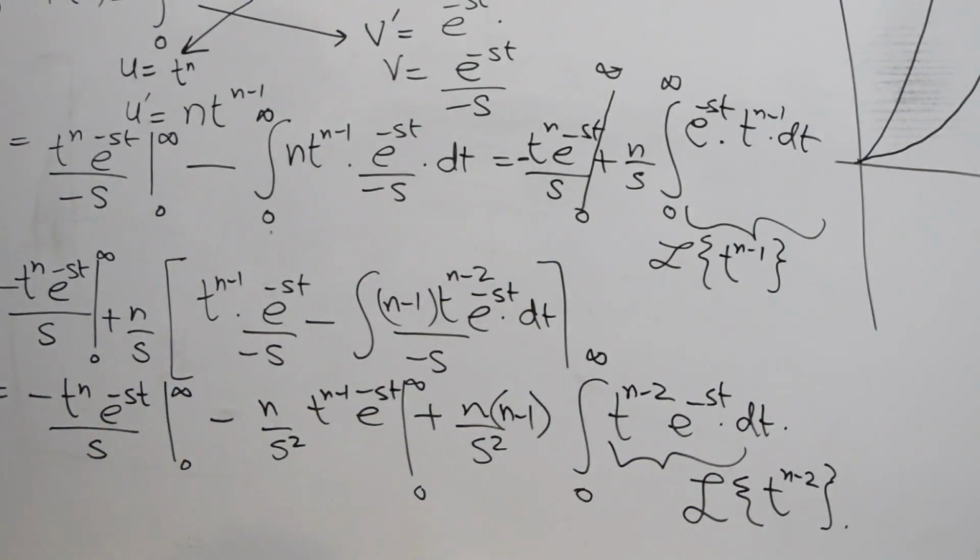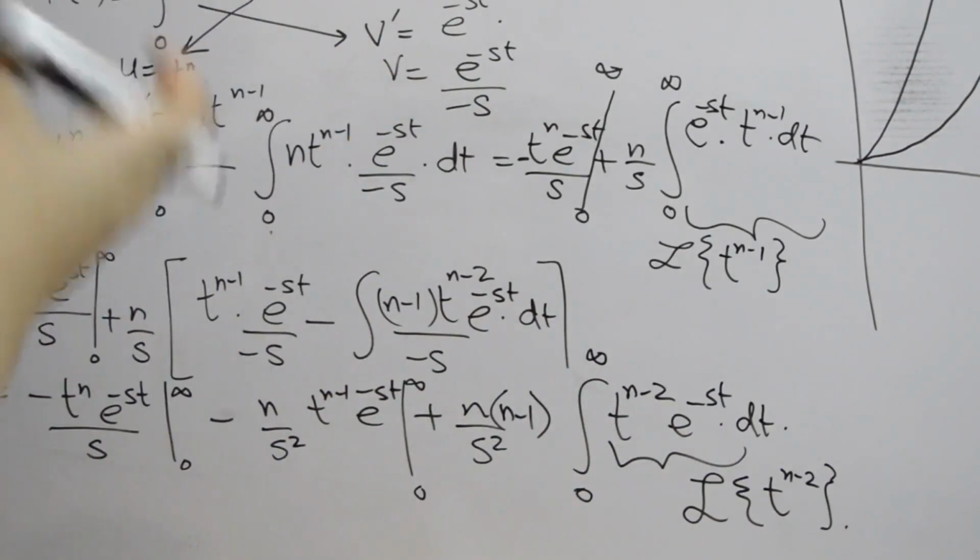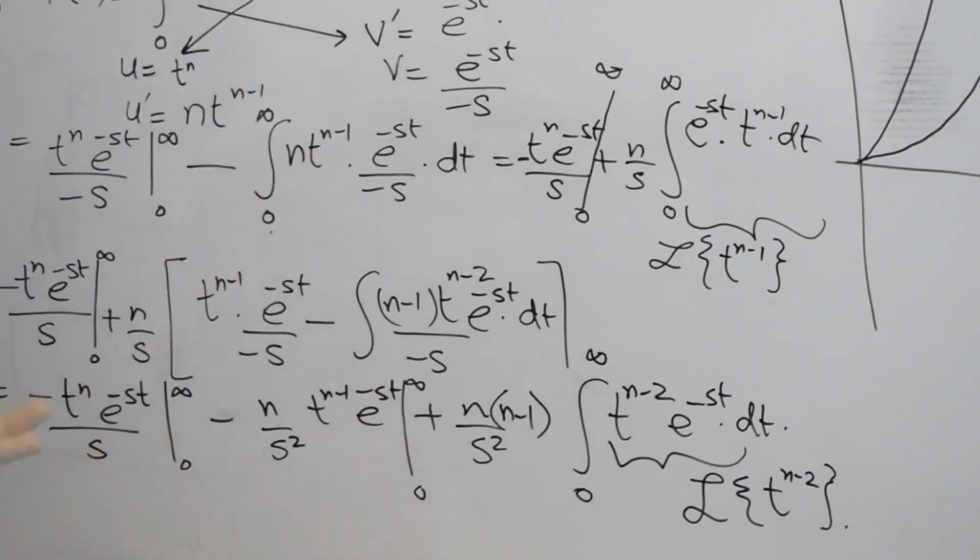So that gives rise to the general formula: n into n minus 1, the next will be n into n minus 1, n minus 2, n minus 3, and so on.